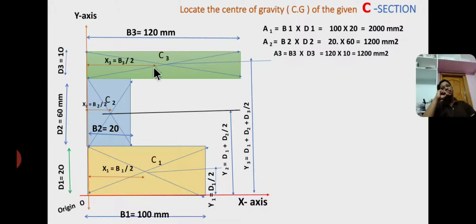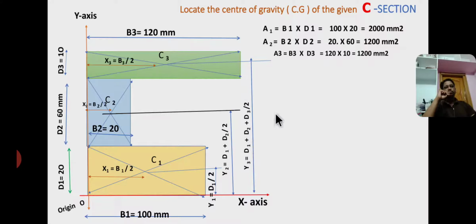So x3 equals 60 and y3 equals the sum of the height of the bottom rectangle plus the height of the middle rectangle plus half of the height of the third rectangle, that is d1 plus d2 plus d3 by 2. So y3 equals 20 plus 60 plus 5 mm. So this is y3.